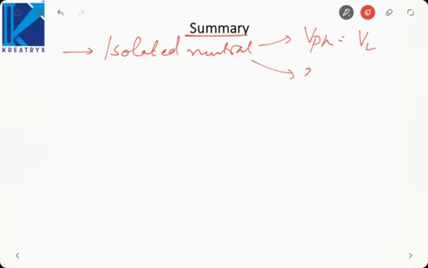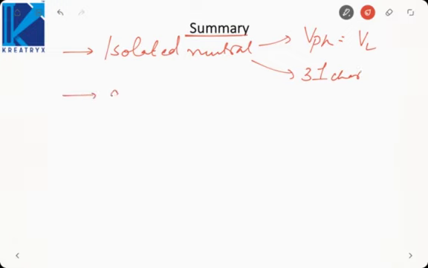So let us summarize what we covered in this lecture. We first saw the case of isolated neutral and we saw two disadvantages. One was phase voltage became equal to line voltage, and one was 3 times the line charging current flowing through the grounded phase.